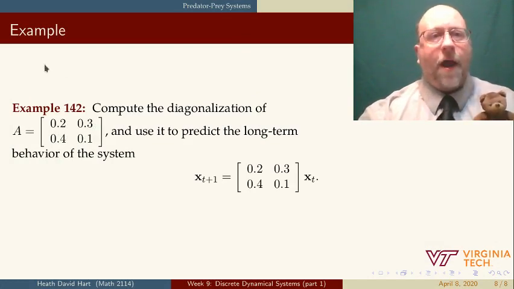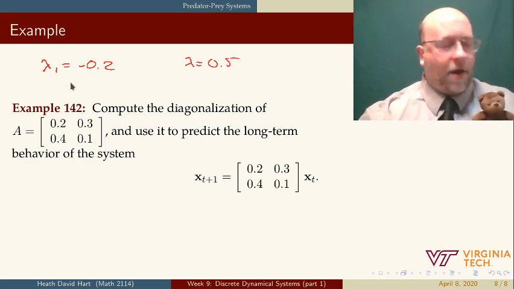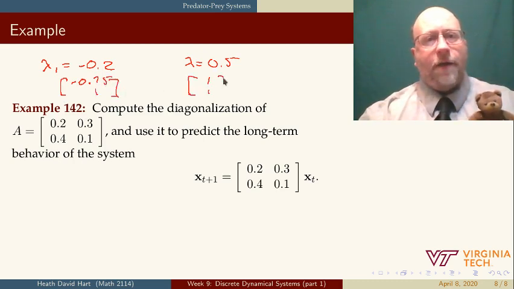So our eigenvalues were negative 0.2 and positive 0.5. Our eigenvectors were (negative 0.75, 1) and (1, 1).